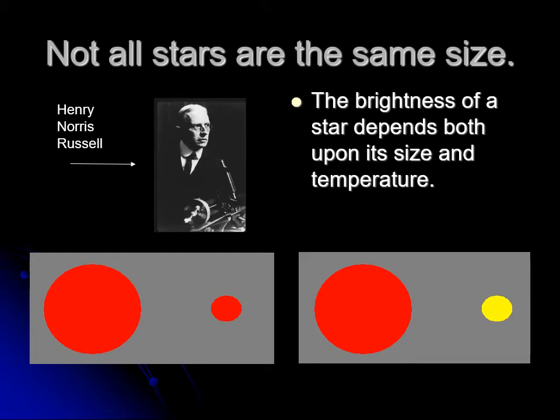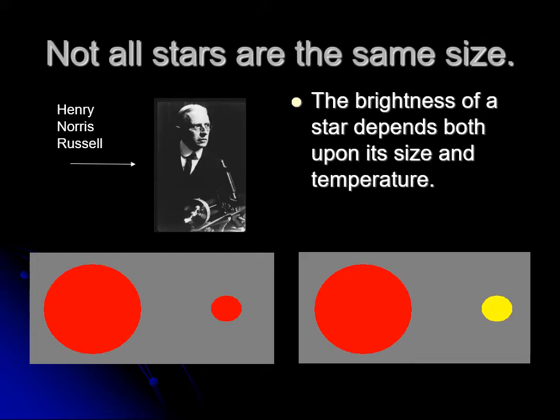And so American astronomer Henry Norris Russell started studying the relationship between a star and its size and temperature. Well, he noticed an interesting thing here, and that is that the width of the spectral lines, remember Walter Adams, also an American astronomer, the width of the spectral lines turned out to be related to the absolute magnitude.